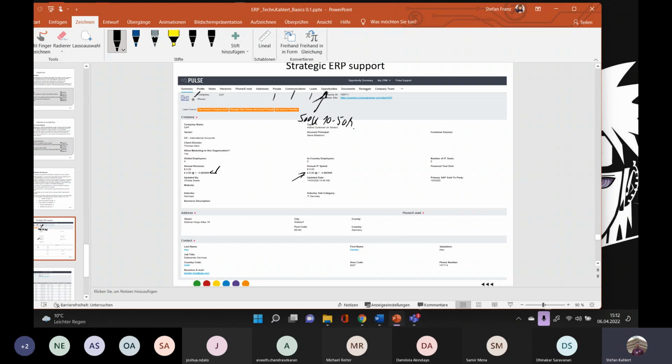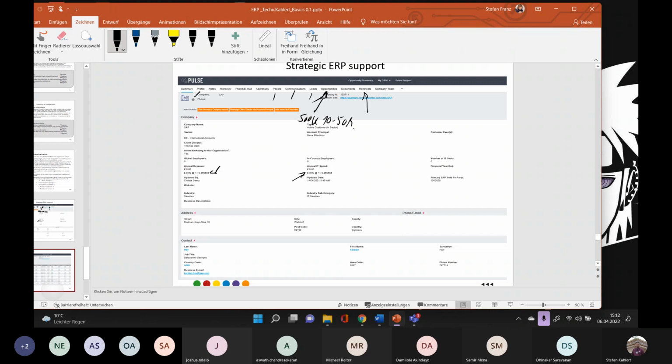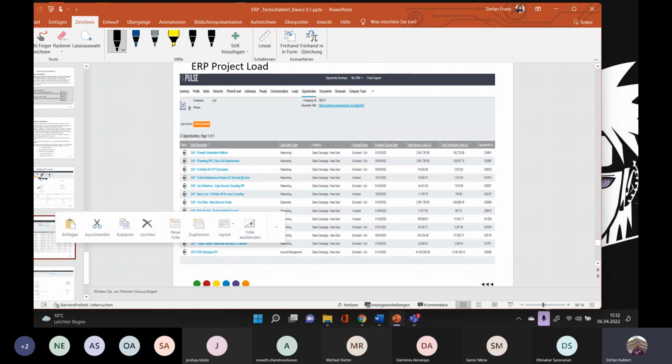You have certain documents. You get information when software or contracts need to be renewed, and you also see the company team. If you click on the opportunity button, which is this one, the CRM ERP system shows you certain projects which are in place.